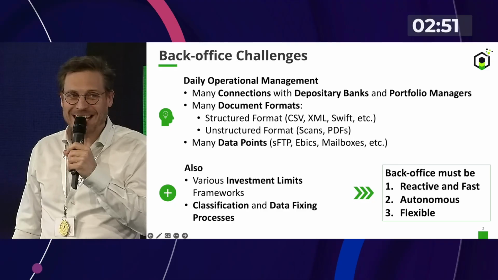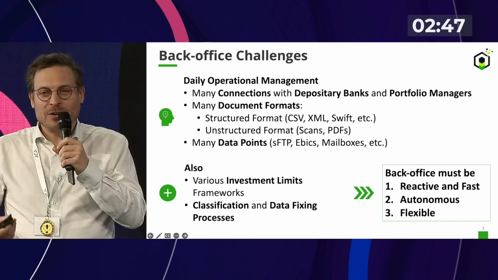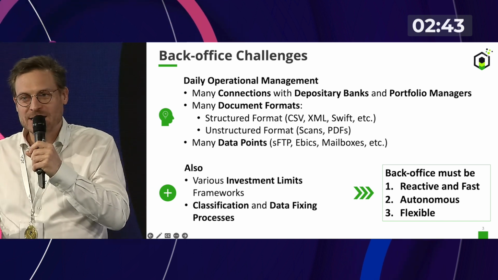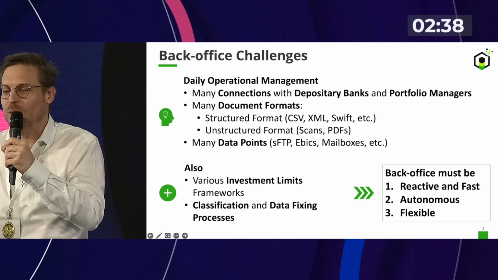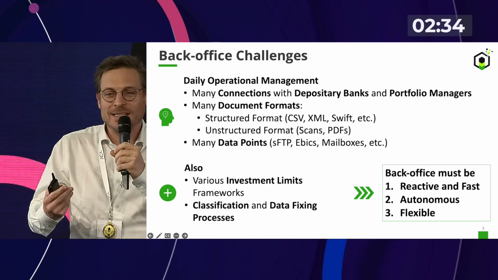To succeed in that context, your back office team needs three keys: to be reactive and fast, to be autonomous, and to be flexible. Reactive and fast, because if you want to be fully integrated on a permanent basis, you need to be reactive.